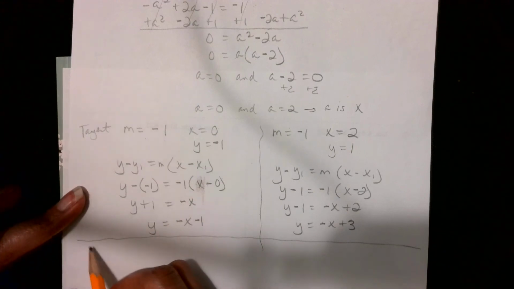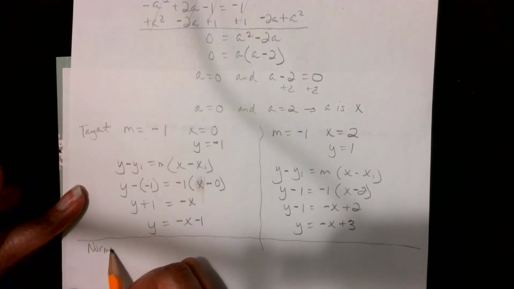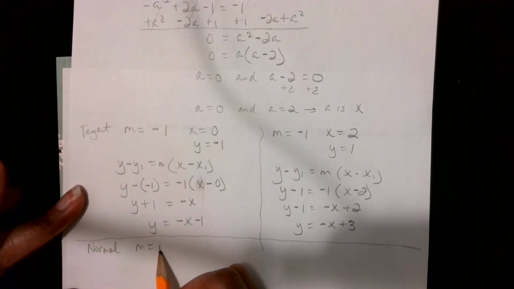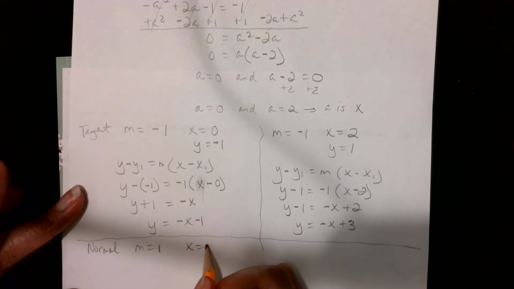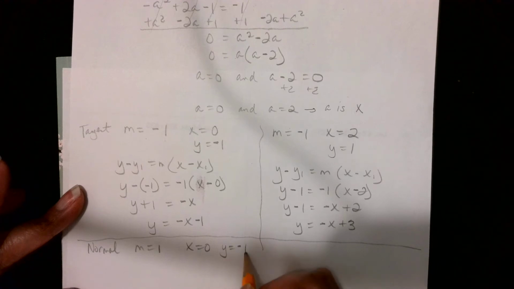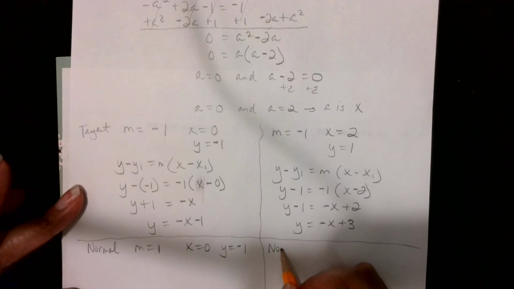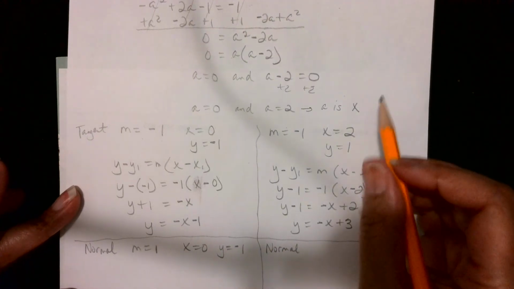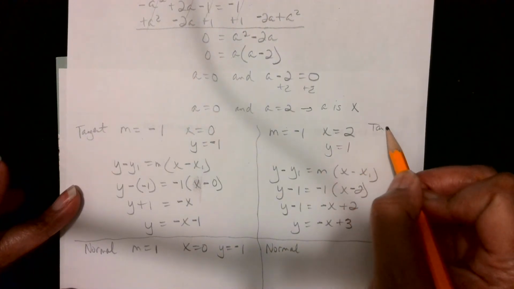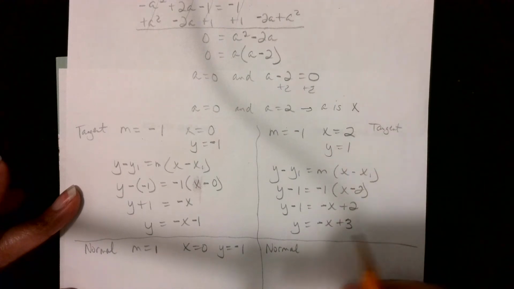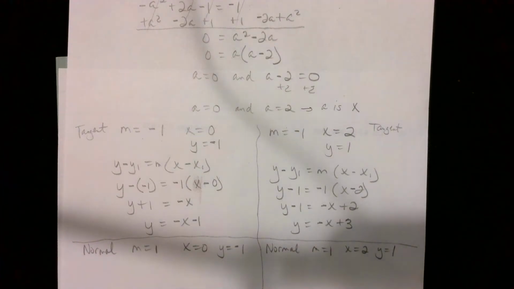Alright, and then we got to do the normal. So we would change our slope to positive 1. X is still 0. And y is still negative 1. And then the normal is here. This is a tangent. And m is 1, and x is still 2, and y is still 1. So the only thing that changed was the slope.